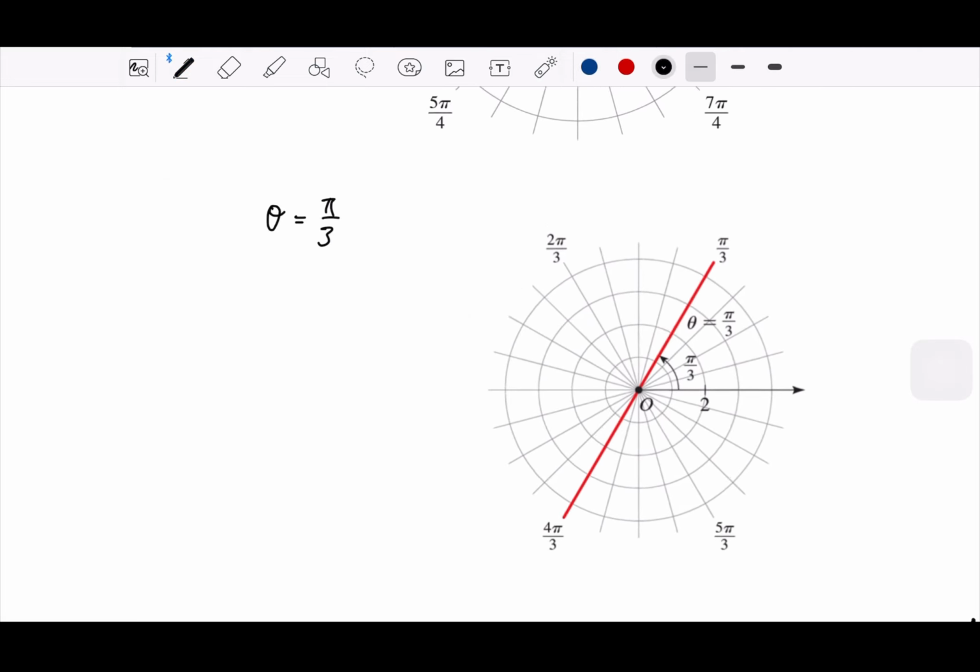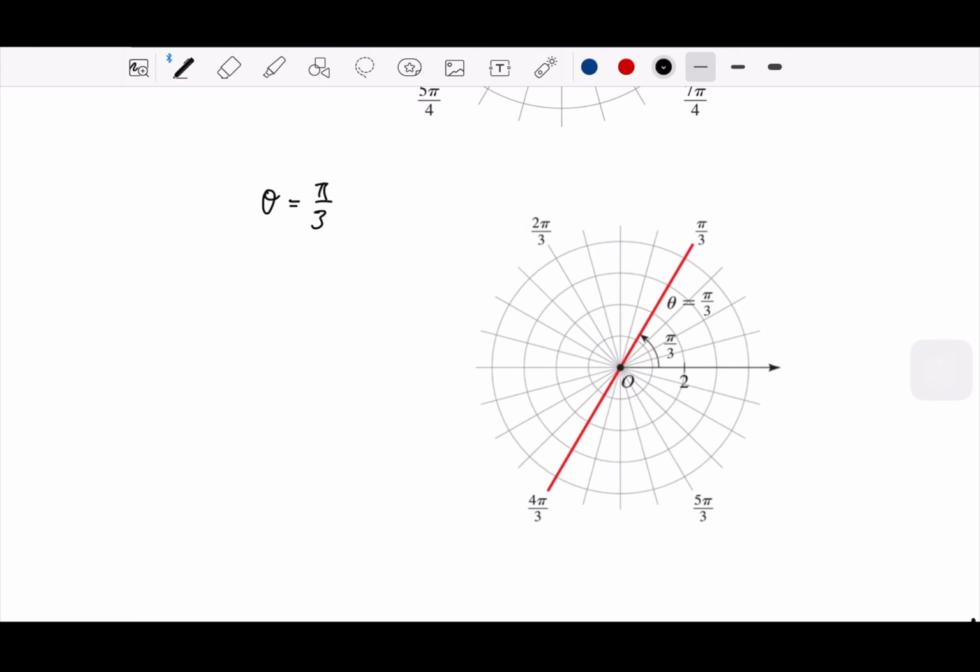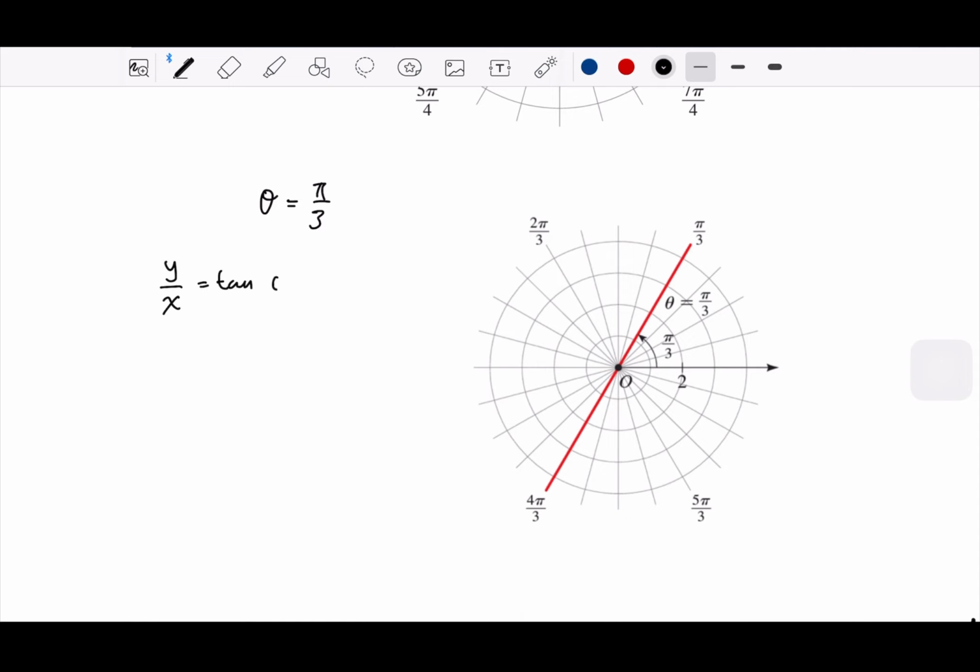So what is theta equal pi over 3? If we remember, we can also write down the rectangular form: y over x equals tangent theta. And tangent theta is now tangent pi over 3, which is the square root of 3, tangent 60, right?